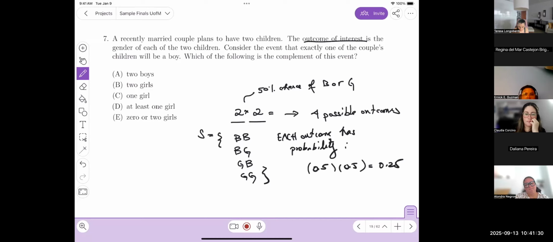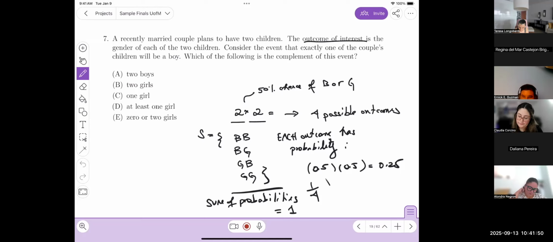They're all 1/4, because they're all the same, and the sum of their probabilities equals 1 or 100%. So it's 1/4 each chance.